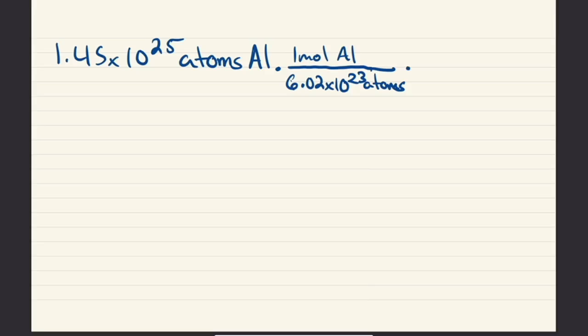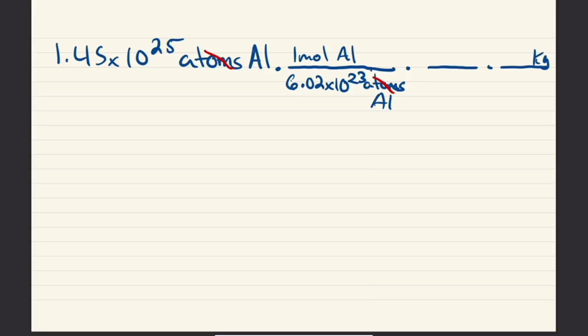The arrangement of this conversion factor is always so that we can cancel the units that we are moving away from and get the units that we are interested in. I'm going to move this down here. Atoms of aluminum. Since kilograms is the unit that we want at the very end, that's the last unit that we are going to leave.